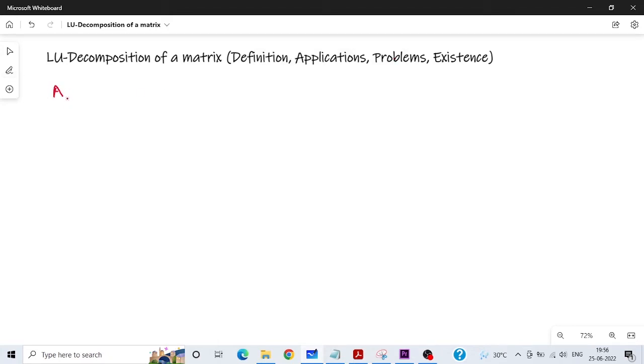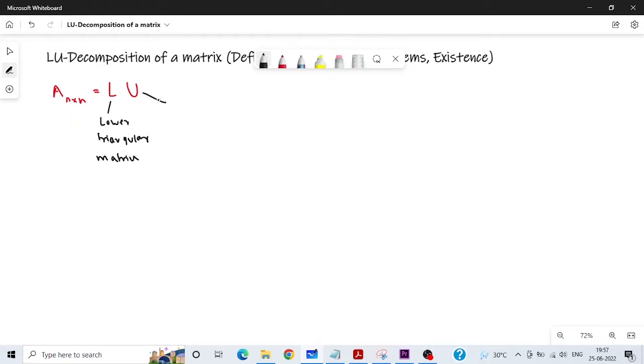So let A be a square matrix of order n cross n. Then A can be written, or decomposed, as a product of two matrices LU, where L is a lower triangular matrix and U is an upper triangular matrix.